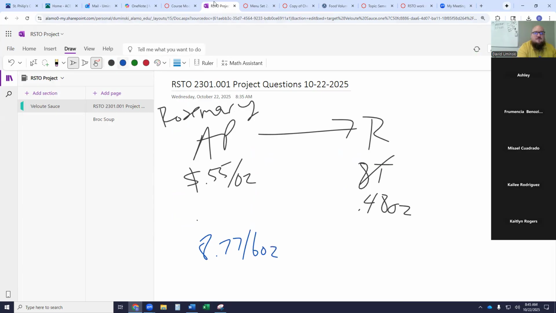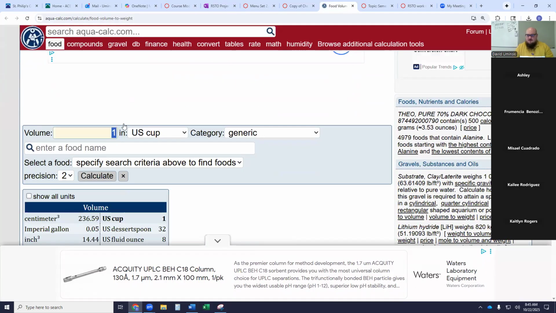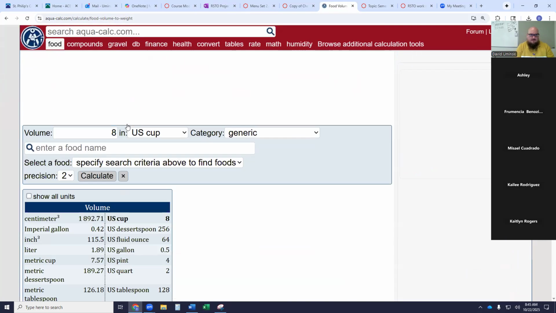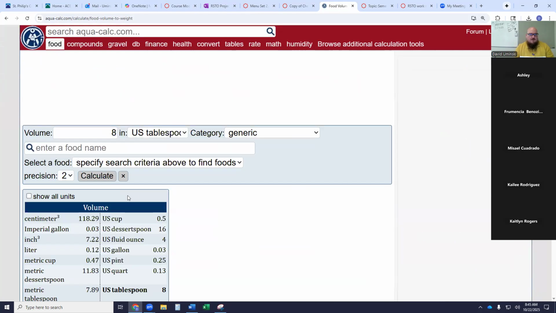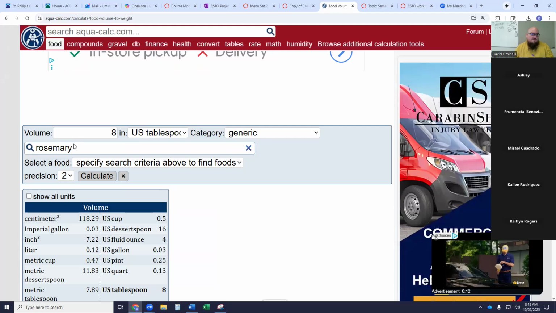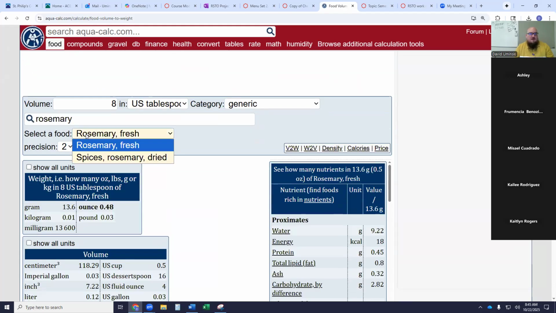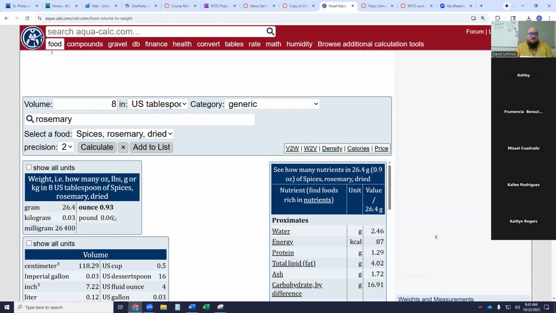Now, I do want to just double check that your conversion from 8 tablespoons to 0.48 ounces is correct. So let's check on that. So dried rosemary, 8 tablespoons.